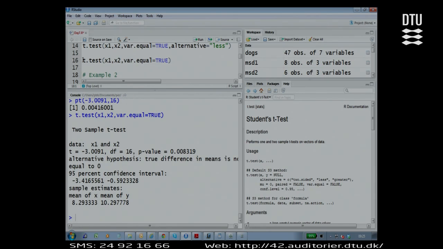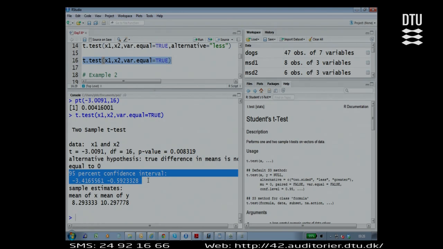Having done that, I use this t-test function, and I see now the alternative is that the true difference in means is not equal to 0. However, I'm not doing this to get a hypothesis test. I'm doing a two-sided version of the function call to get the confidence interval.